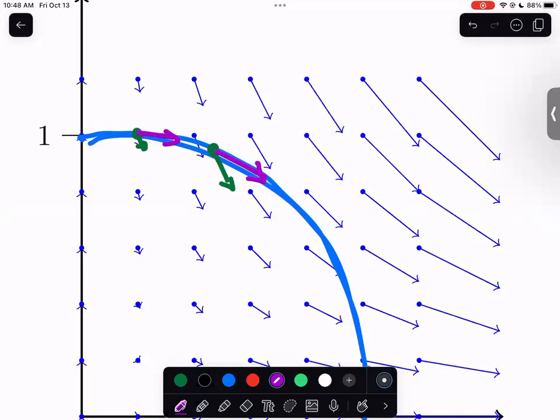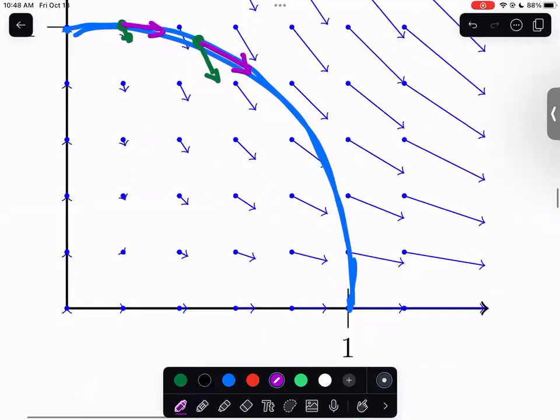So our tangent vector should be pointing in that direction, not off to the left. It should be pointing off to the right. Maybe another one here. Here's what our vector field vector would look like. Here is our unit tangent vector, maybe. And one more, it looks like this one's really pretty much on it.